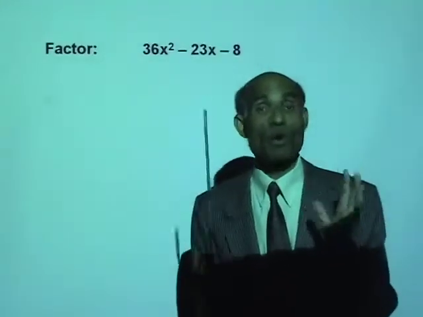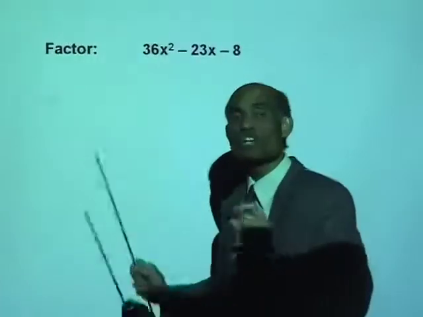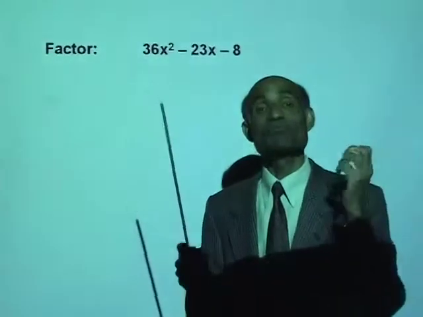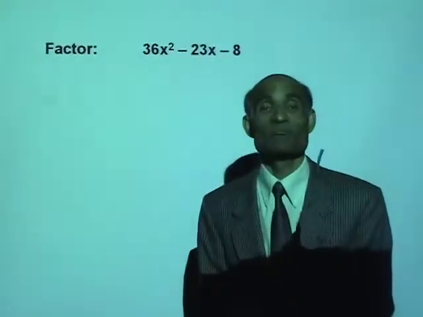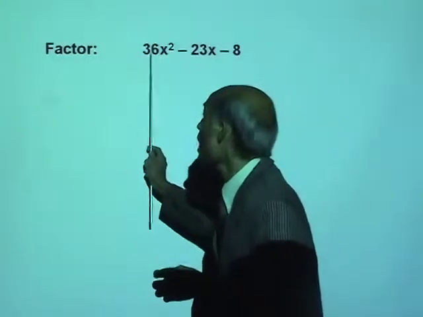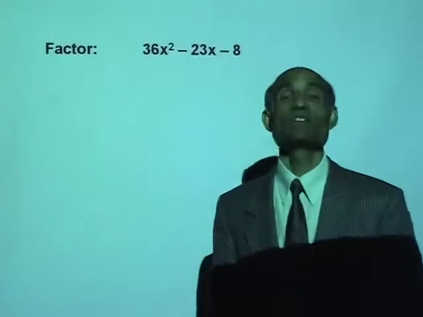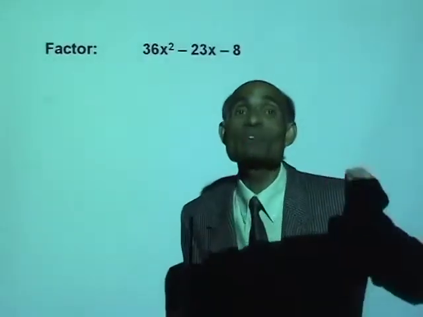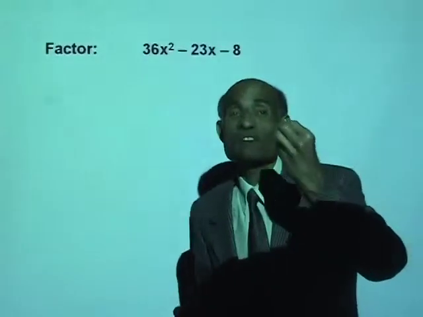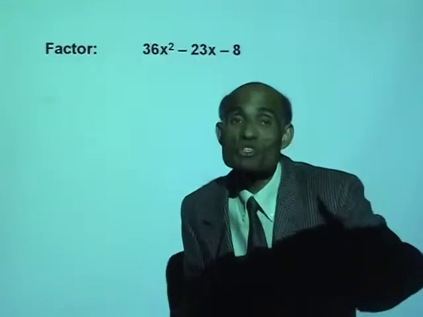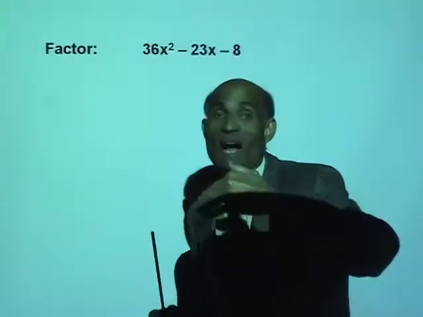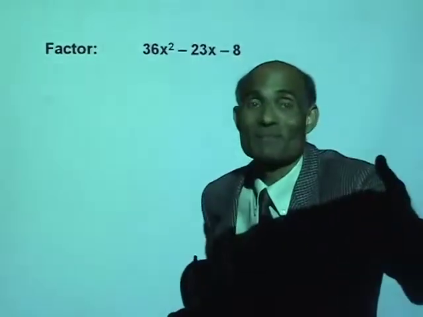You see, when the coefficient of the first term is 1, it is very easy to factor. But when the coefficient is not 1, you have 36x squared. It introduces a level of difficulty into this factoring. And this is what we're going to see in this question and in the next lesson.